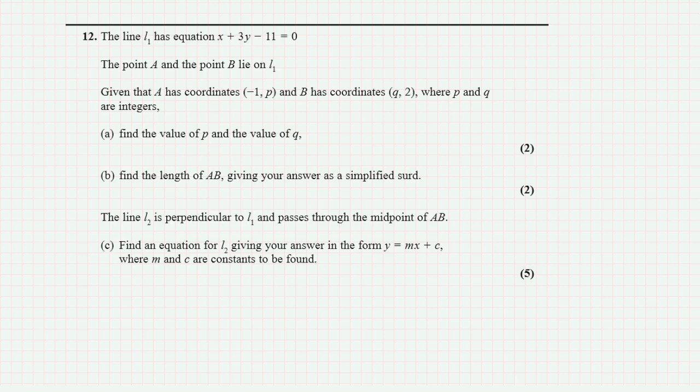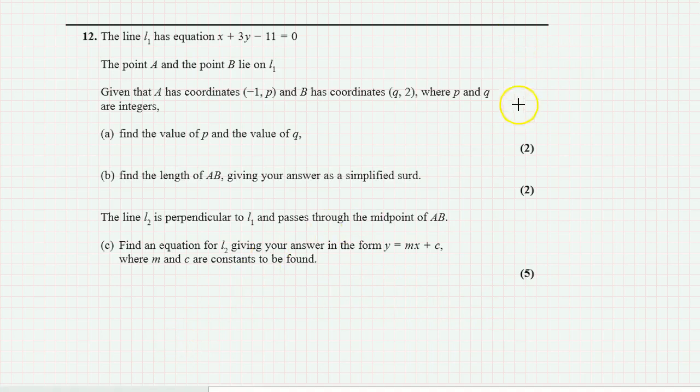Now question number 12 is: the line L1 has an equation x plus 3y minus 11 is equal to 0. A point A and a point B lie on the line.